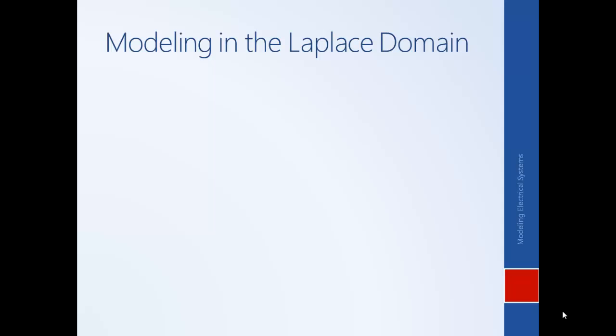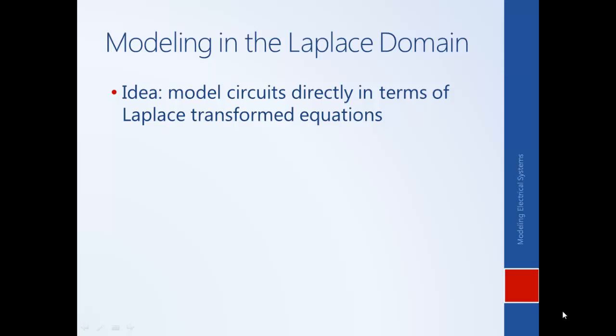So far in this module, we've been modeling electrical circuits as differential equations. If you recall, an alternative mathematical model is a transfer function. So an alternative approach is to model the circuit directly in the Laplace domain. When we do that, we will use something called complex impedance.